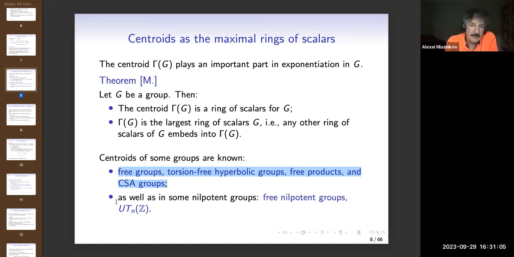As well as for some nilpotent groups, like free nilpotent groups and unitriangular groups over Z, and some others, the centroids are actually very small. It's basically Z plus some nilpotent ideal. The ring is very simple.